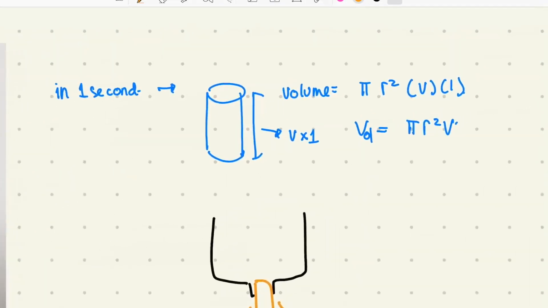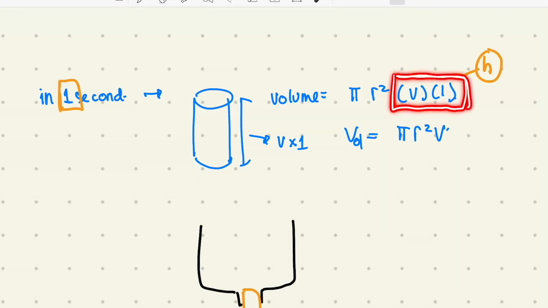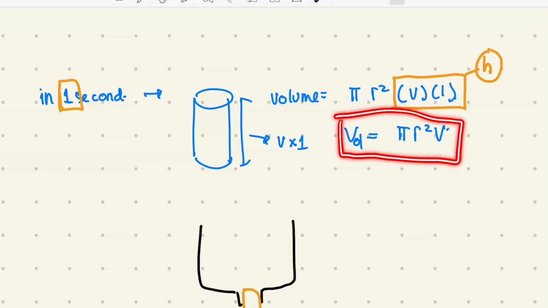Then the volume of water, we use the formula V equals πr²h. The height of the cylinder we do not know, it depends on the time. We take the time to be 1 second. If time is 1 second, then the height will be v times 1. That means in 1 second, the volume will be πr²v.